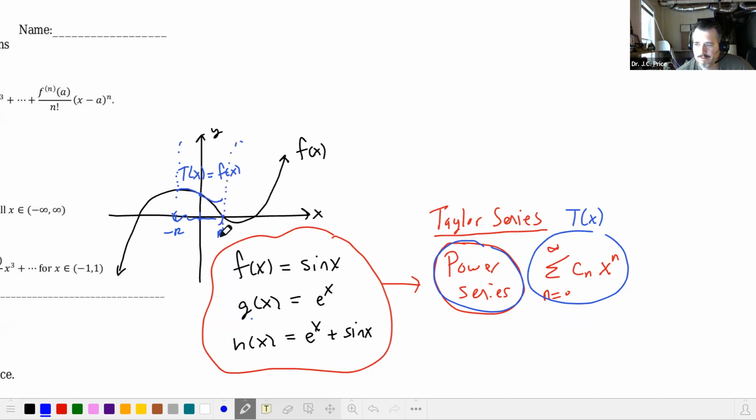You've got to test them, right? But that's the idea. You find that power series representation, we call it the Taylor series, and it's equal to that function on some interval there. Maybe I should have drawn this a little bit more. So here's the function, and then the blue power series or Taylor series is equal to it on that interval. And that's a big idea.